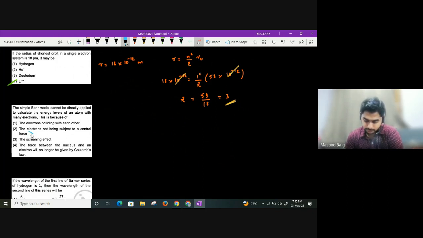This is wrong. The force between the nucleus and an electron will no longer be given by Coulomb's law. This is also wrong, right? So out of these two, it should be the screening effect, I think. However, I'll just cross check it once again, guys.